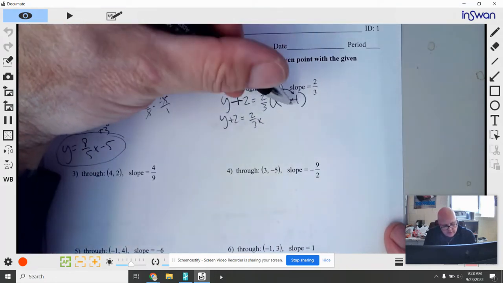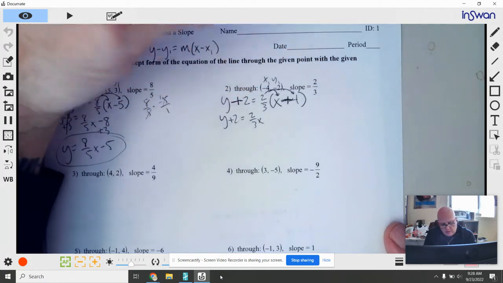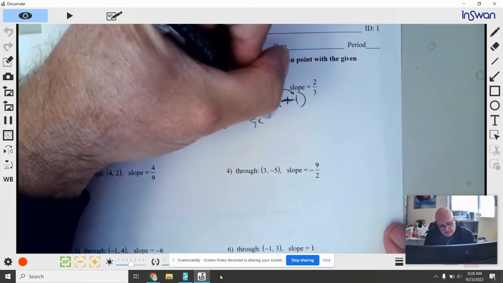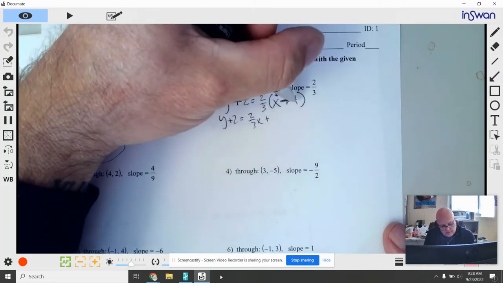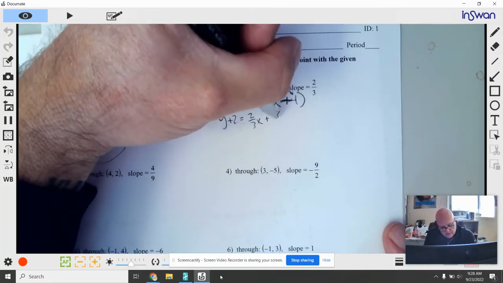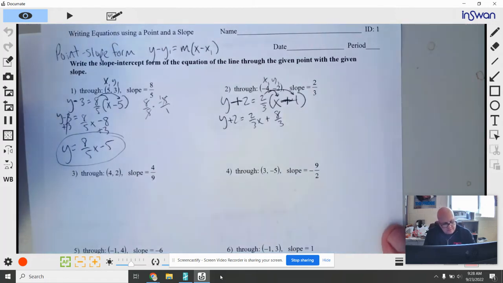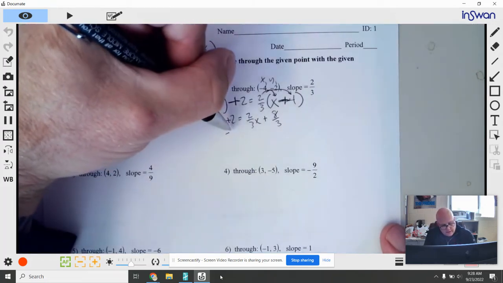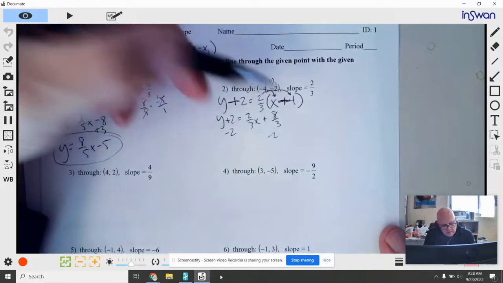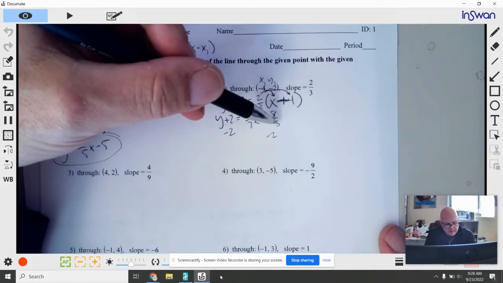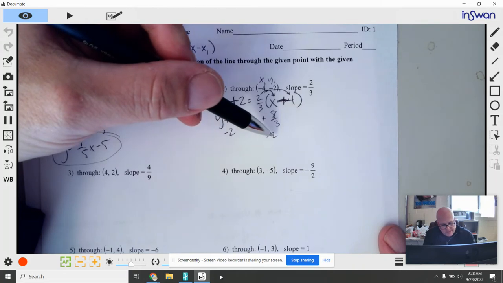And then 2/3 times 4, that's not going to come out to be a whole number. Right now, I'm just going to leave it as improper. So 2/3 times 4 over 1 is going to be 8/3. Okay, so now I'm going to subtract 2 from both sides. And when I subtract 2 over here, because this is in fraction form, I'm going to go ahead and convert that to a common denominator.